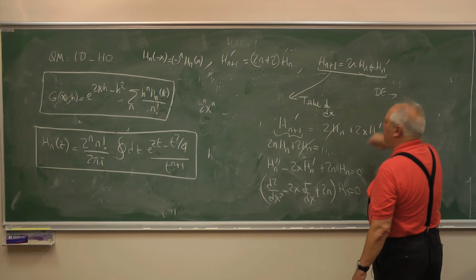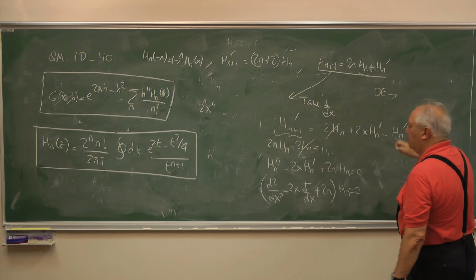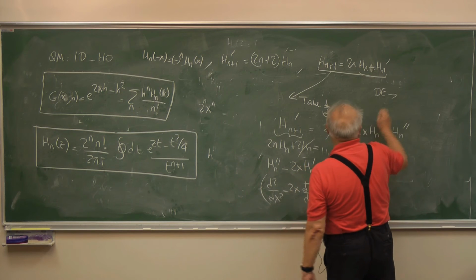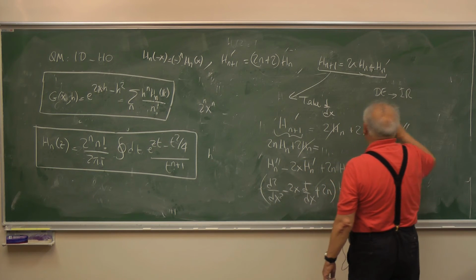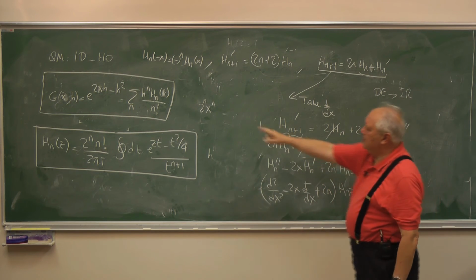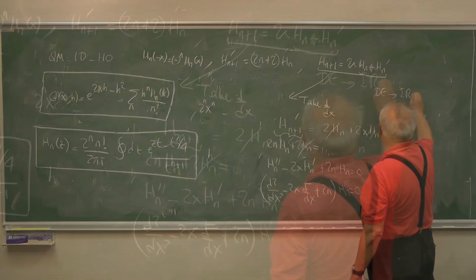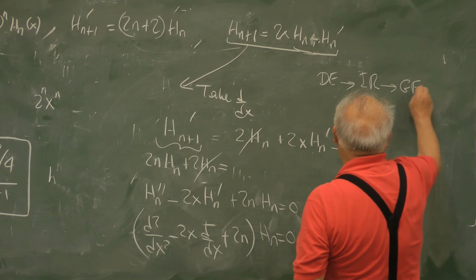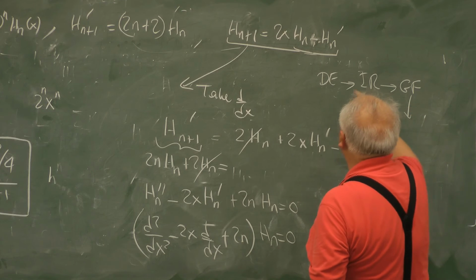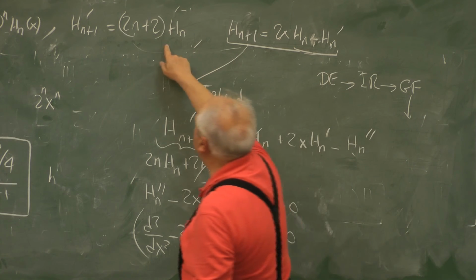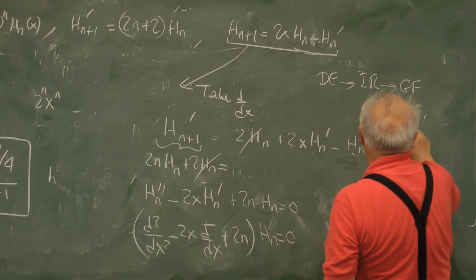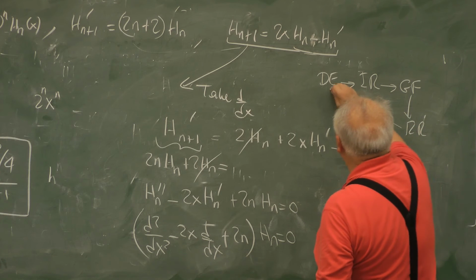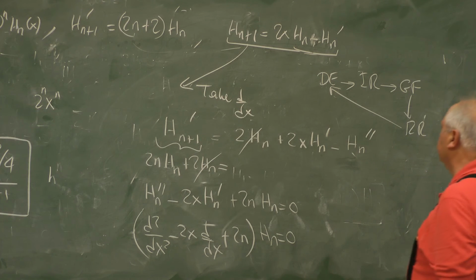For the Hermite polynomials, we went to the integral representation in the complex plane. Then we constructed the generating function. Then we constructed the recursion relations. Then we went back to the differential equation.